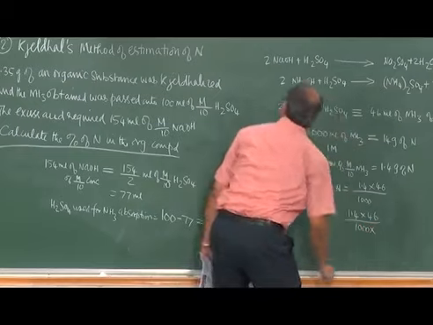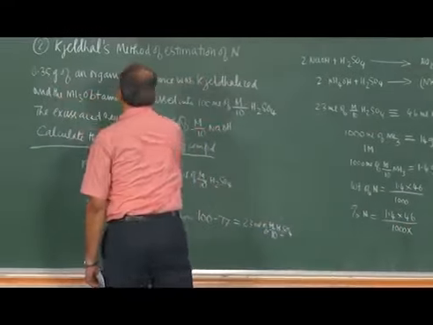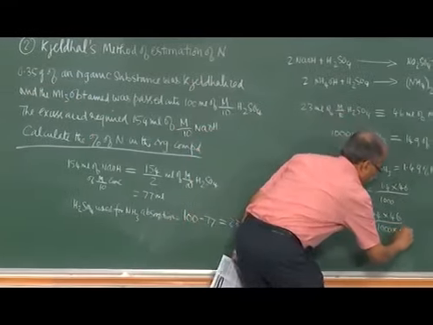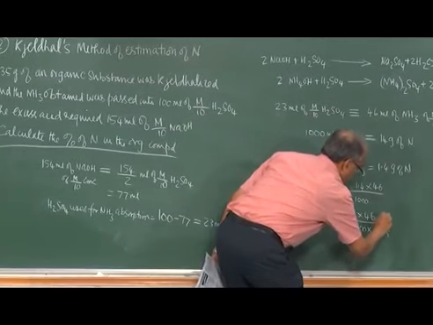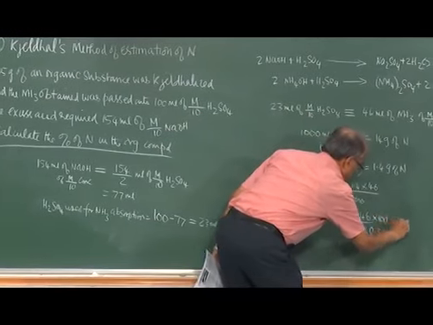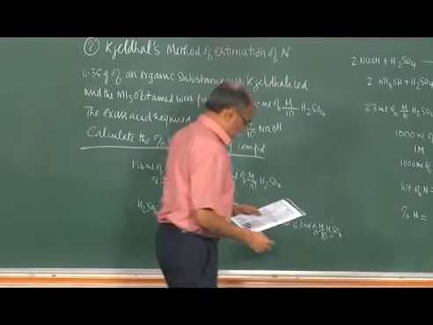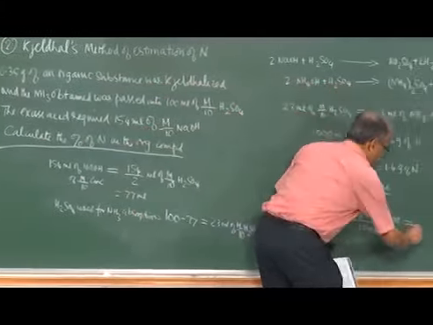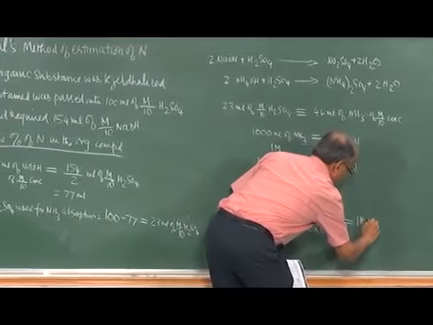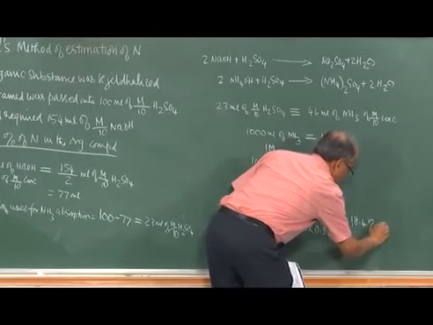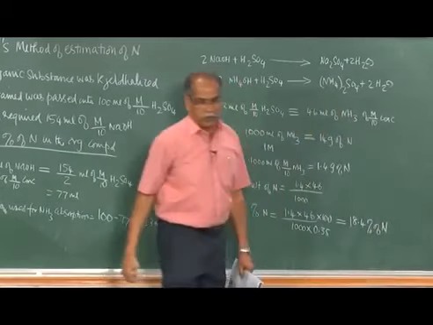This is present in 0.35 grams of the organic compound. Therefore, for 100 grams of organic compound, how much will it be? If we solve all these things, this would essentially correspond to 18.4% of nitrogen being present in the organic compound.